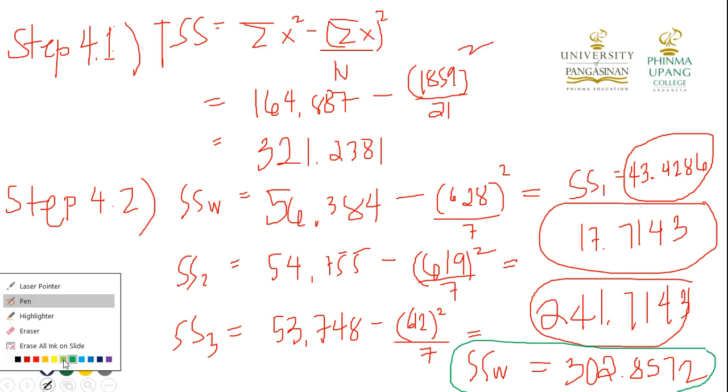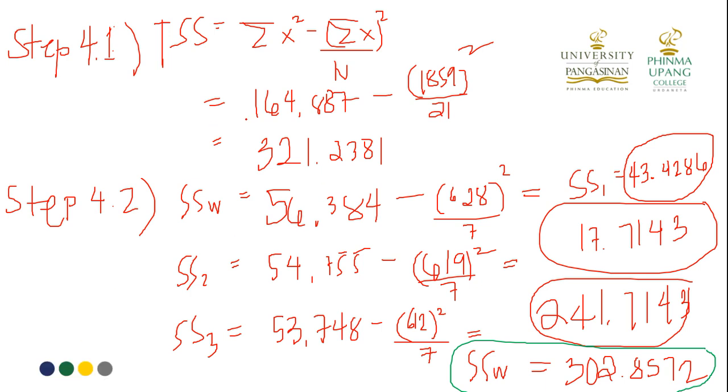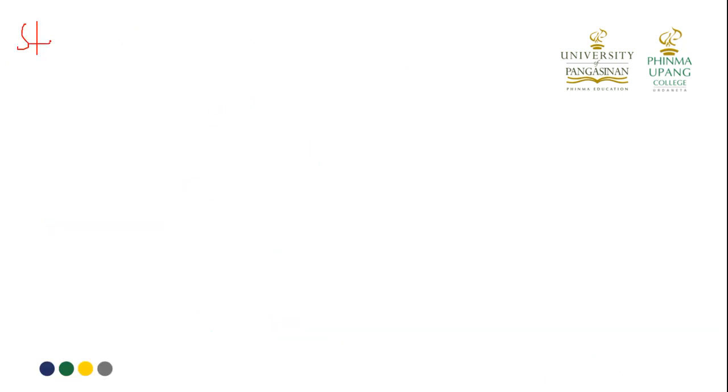Next po, step 4.3. Nakuha na natin yung SSW, so doon tayo sa SSB. Huwag nyo i-follow yung nasa module, ha? Mali yung nasa module natin. SSB, tapos TSS natin.